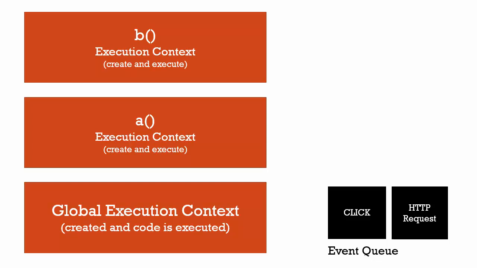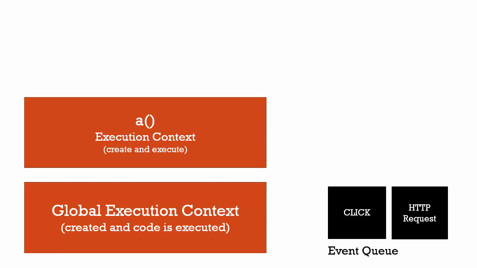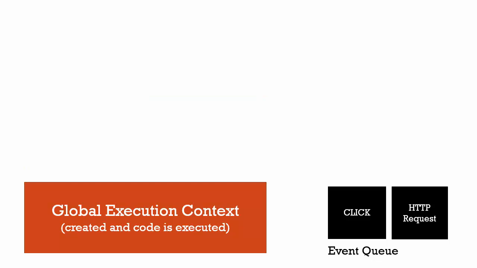Well, what happens is that the event queue gets looked at by JavaScript when the execution stack is empty. So let's say my function B finishes, and now it's going to run function A, finish whatever's going on there. And when that finishes, it keeps going and finishes whatever execution is at the global level.